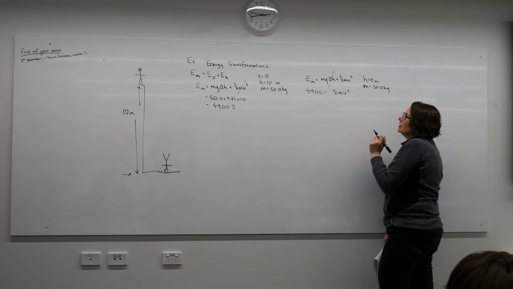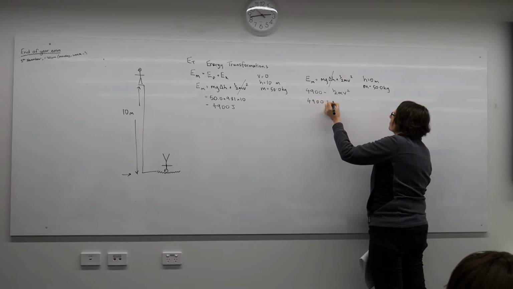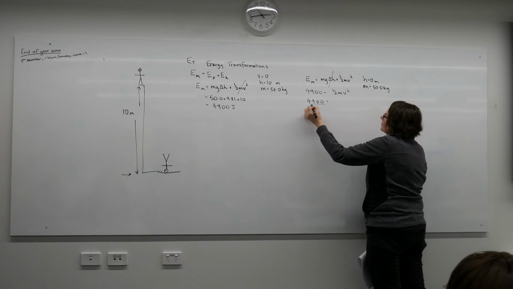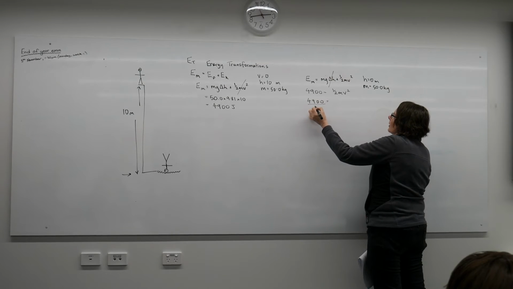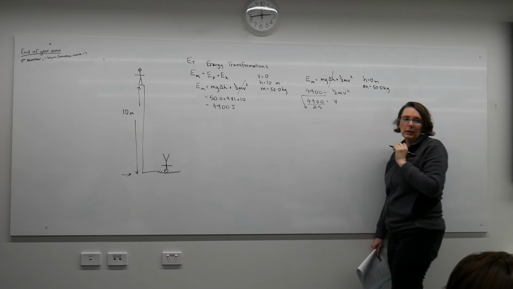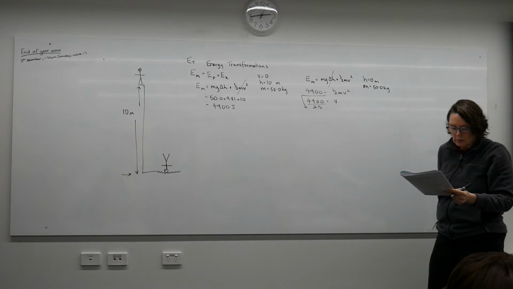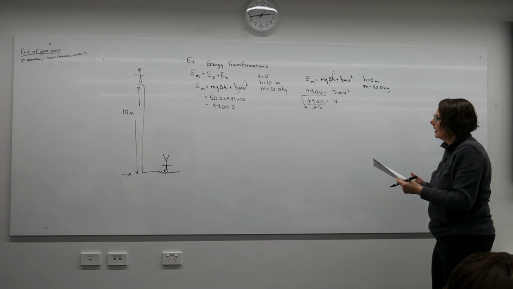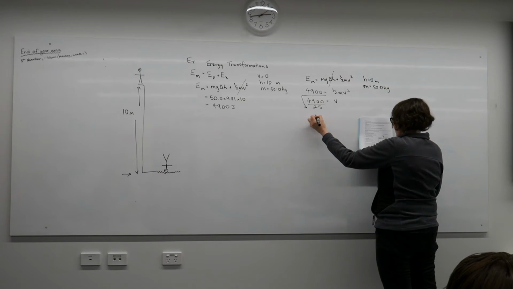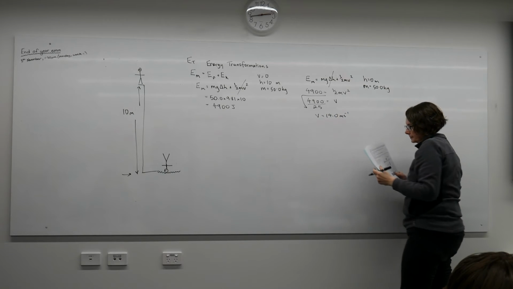We can substitute in our mass, and it's going to be basically divided by 25, isn't it? The square root of that will equal v. Does that make sense? So we can determine her velocity as she hits the water, and it's 14 meters a second.